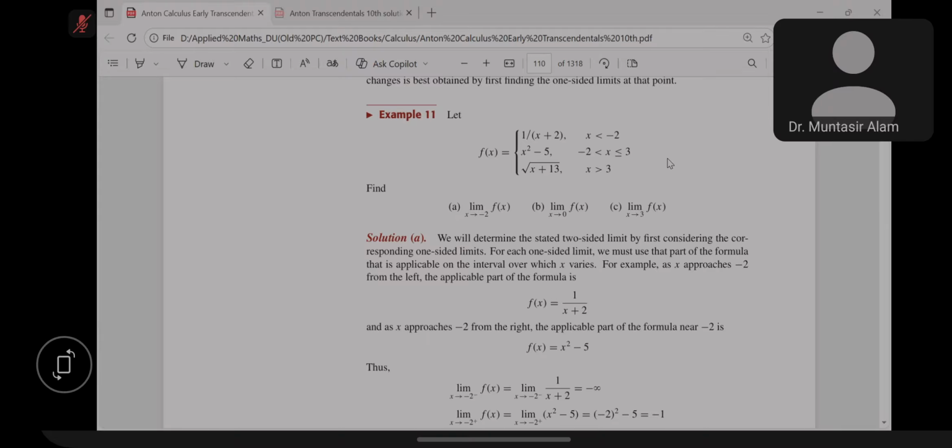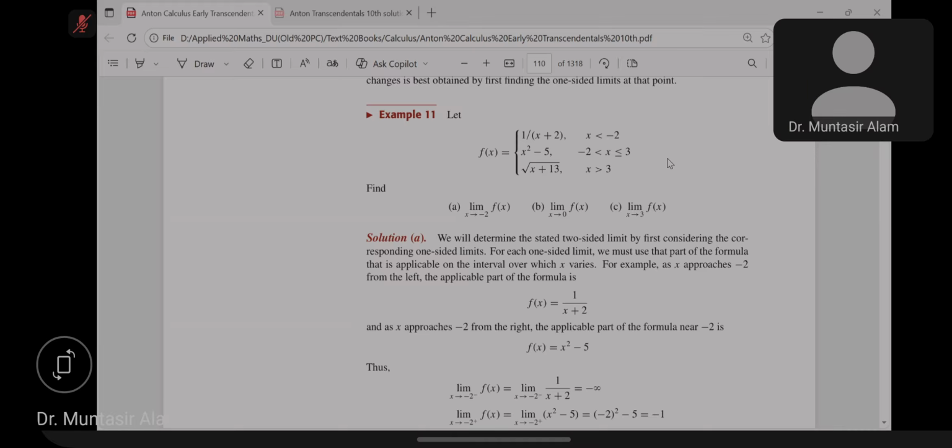How many subdomains are there? Three. Very good.